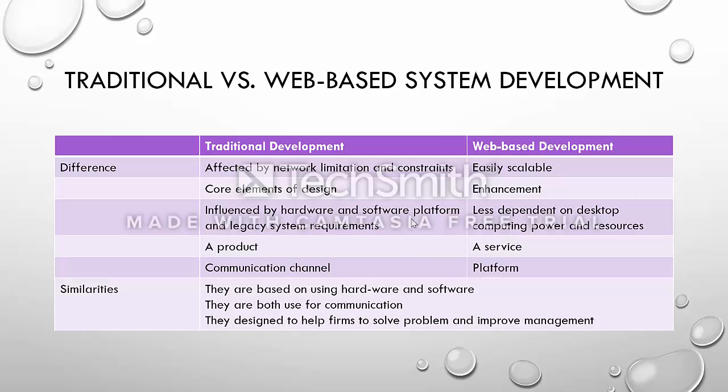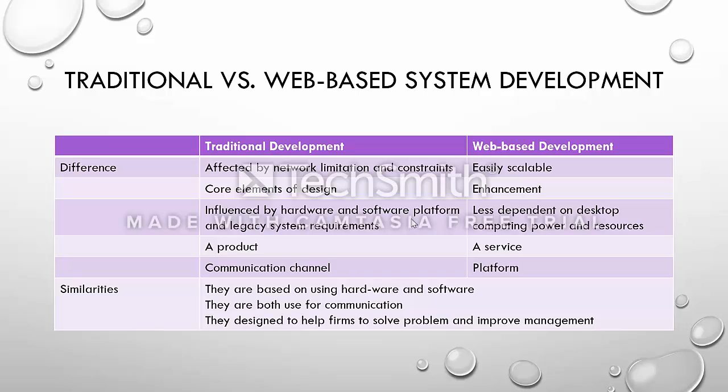As you can see here, we can compare traditional and web-based system development. Traditional development is affected by network limitations and constraints. It is influenced by the hardware and software platform and legacy system requirements. It is a product and communication channel.